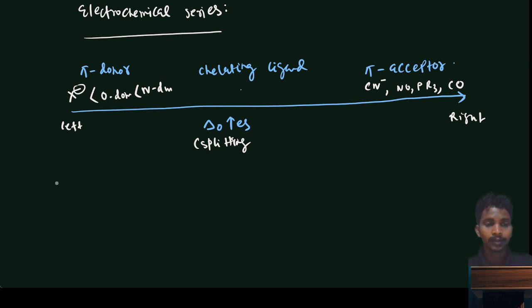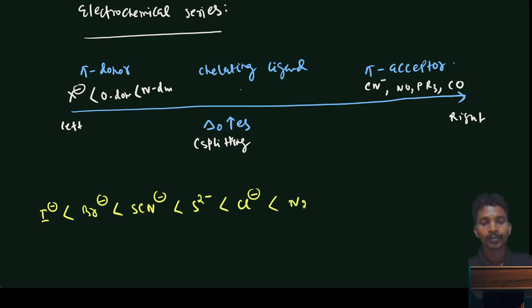First I will write the halogen groups, ordered like this. First is I minus, after that Br minus. Then we have some ligands like SCN minus and S2 minus, then Cl minus, then something like N3 minus, which comes in between the halogens.